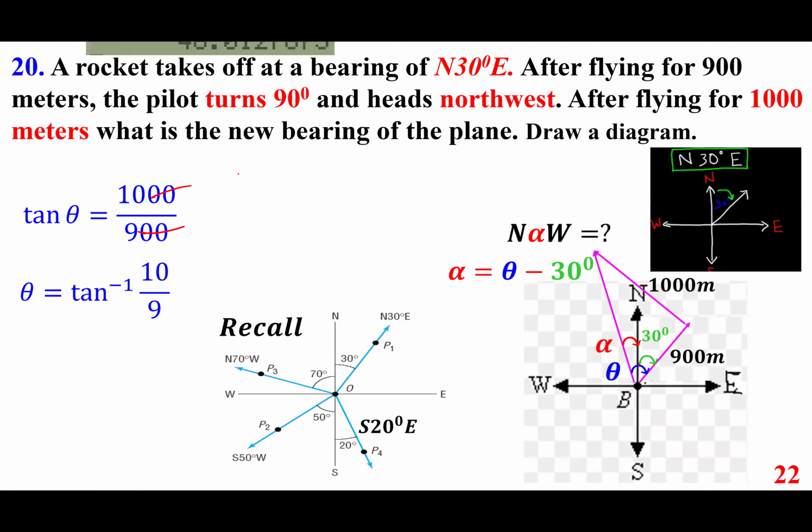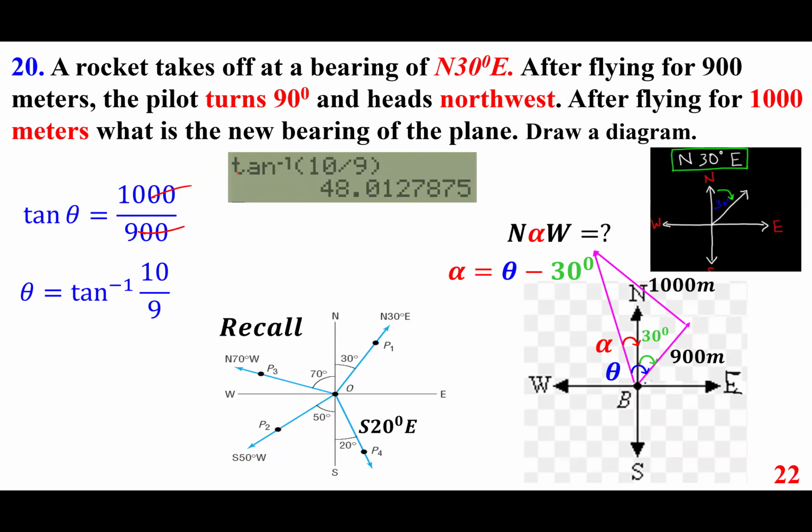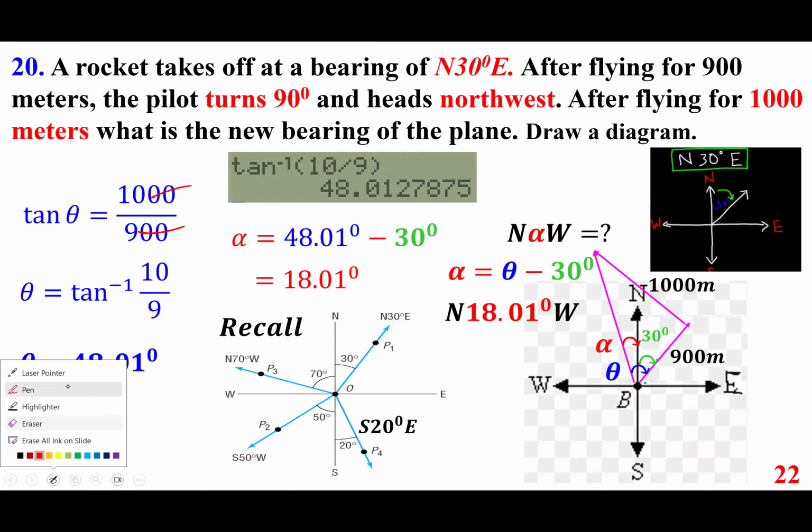You put that into a calculator, and it's 48.01 degrees. Subtract 30 degrees from it, 18.01. And the answer is north 18.01 degrees west. That's the final answer, everybody.